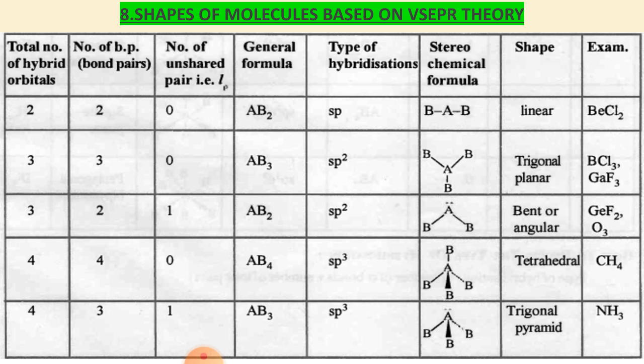Here the bond pairs are 4 and lone pairs 0, so the shape is exactly tetrahedral. The common examples are CH4 and CCl4. If 4 hybrid orbitals contain 3 bond pairs and 1 lone pair, again the same hybridization sp3, but the shape is changed. The shape becomes trigonal pyramidal and the common example is ammonia.